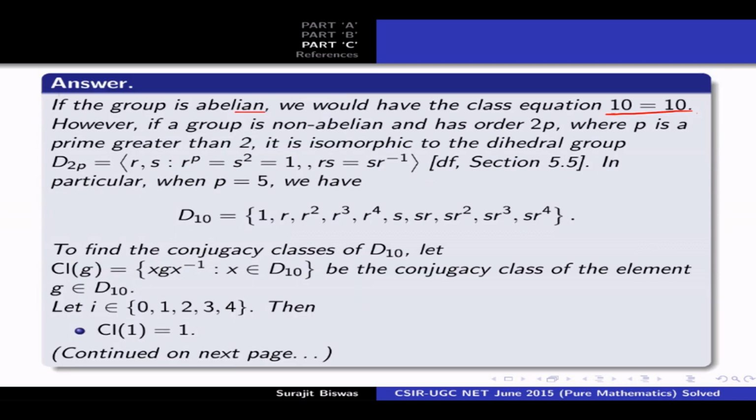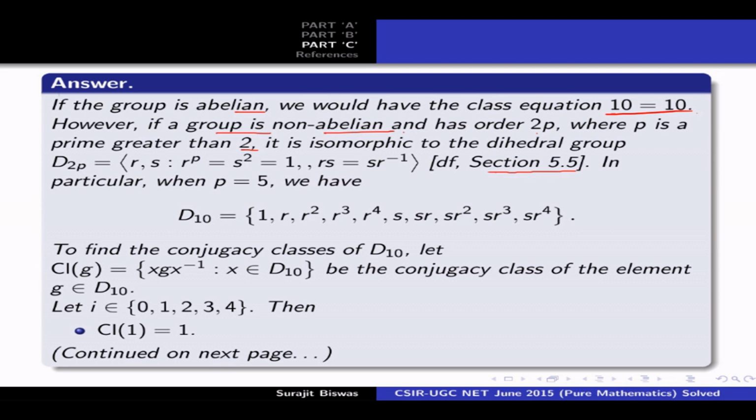However, if the group is non-abelian and has order 2p, where p is a prime greater than 2, then it is isomorphic to the dihedral group D2p. For reference, see section 5.5 of Dummit and Foote.